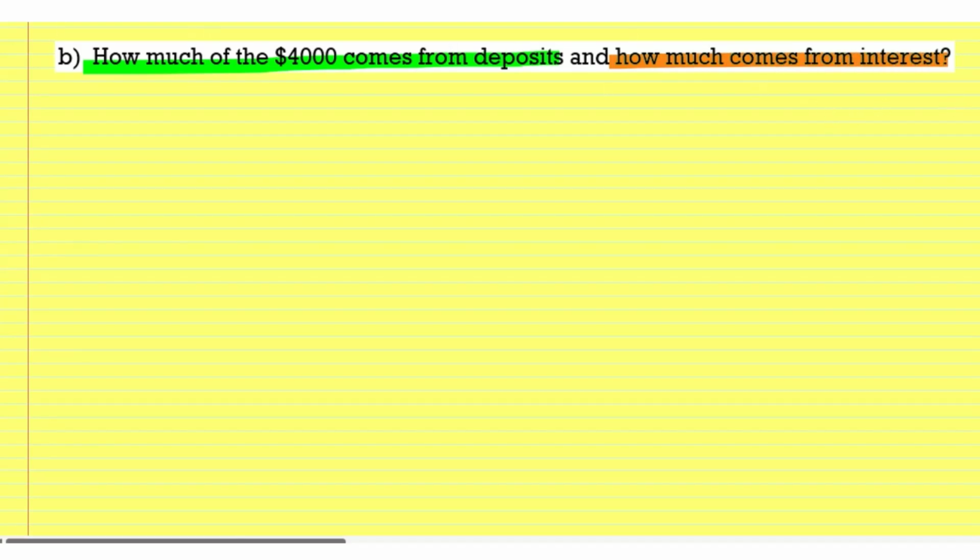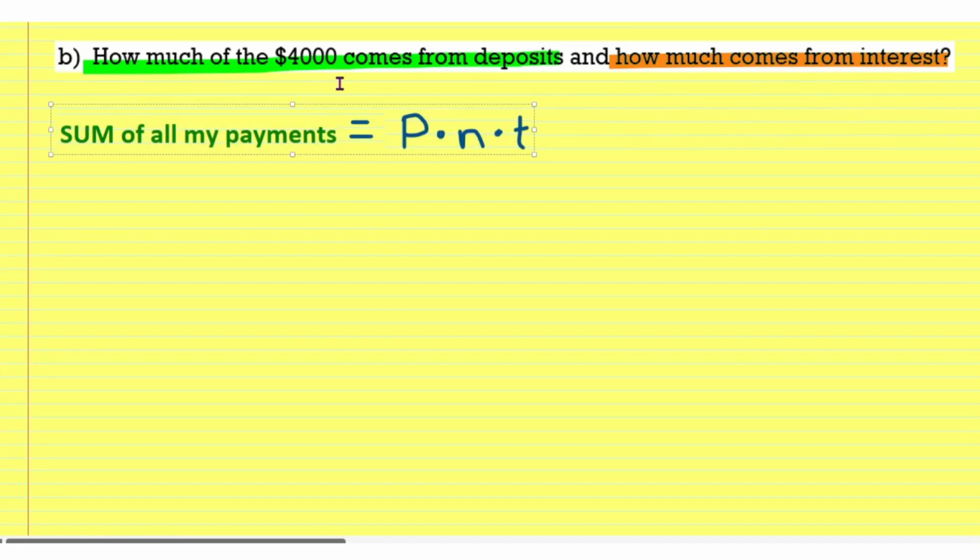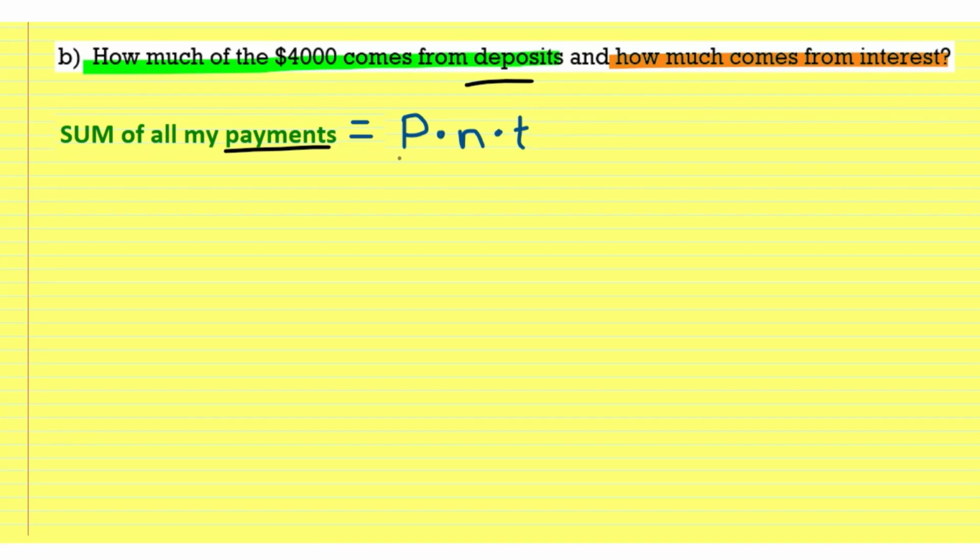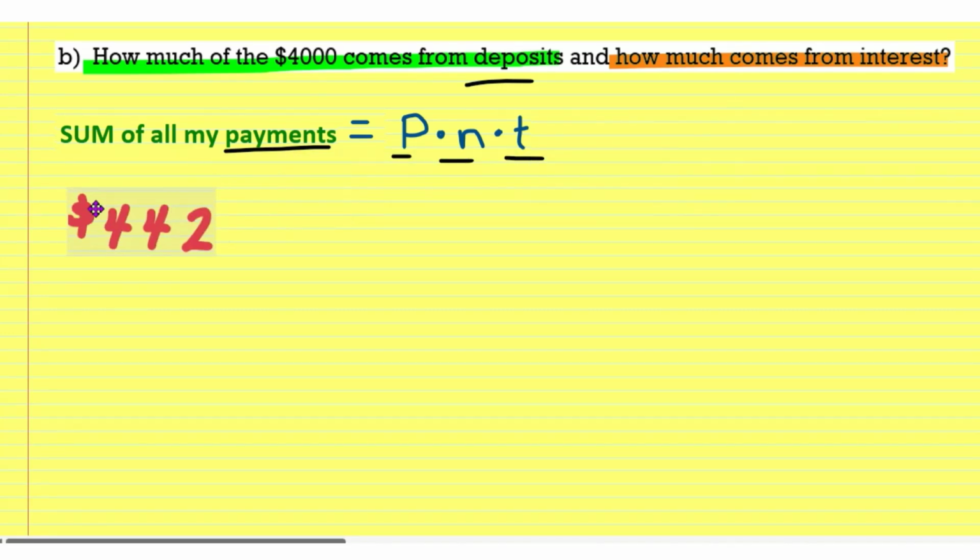Well, how do we calculate the total of the deposits? The deposits are the same thing as the payments that we're making. And we find the sum of all the payments by P times N times T, where P stands for the amount of the payment or the deposit that we're going to regularly make into the annuity. So 442 is what we found in Part A was the amount of the payment.